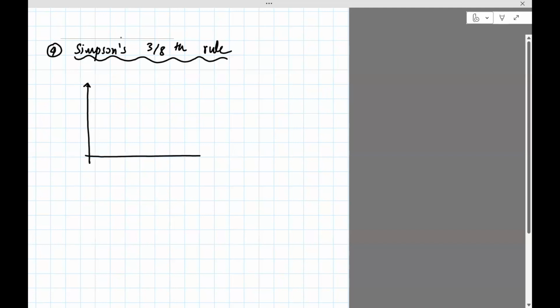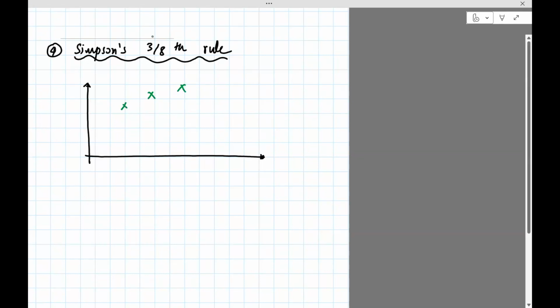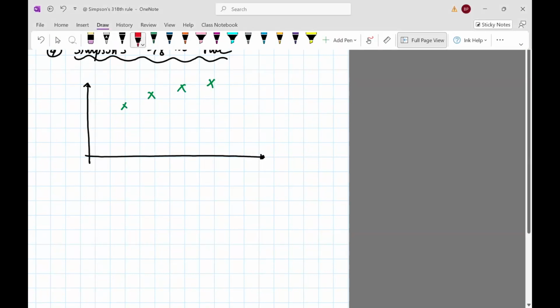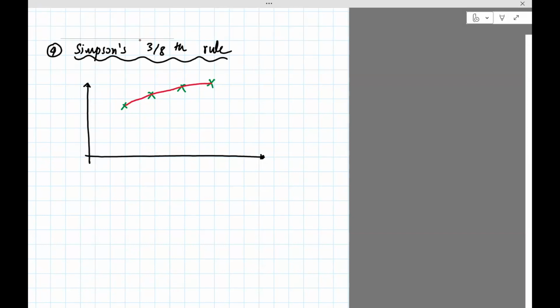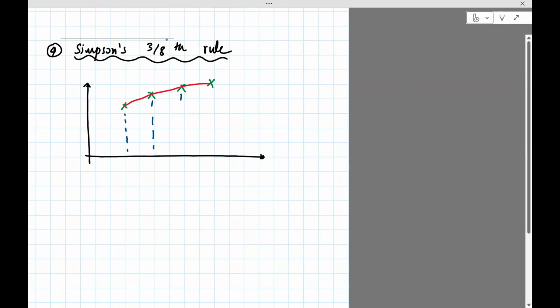Okay, so like before, just to give you an idea of how this derivation proceeds, we're trying to fit a cubic equation through the points. So if there's a curve like this, we'll randomly assume that the second point is xi.